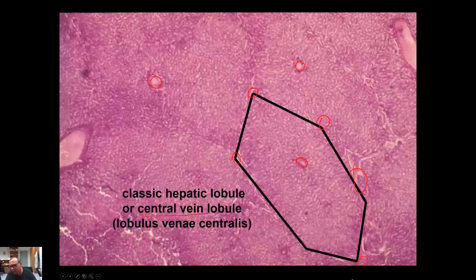Here I see something. Here maybe, in higher magnification. So you can see that there are not 6 portal spaces, each in one corner of the hexagonal hepatic lobule, but we must try to find the maximum of these spaces. It's a pity that the human lobules are not surrounded by more connective tissue.